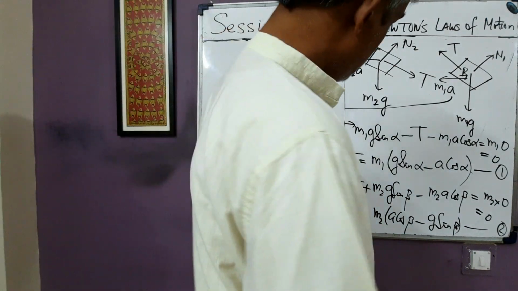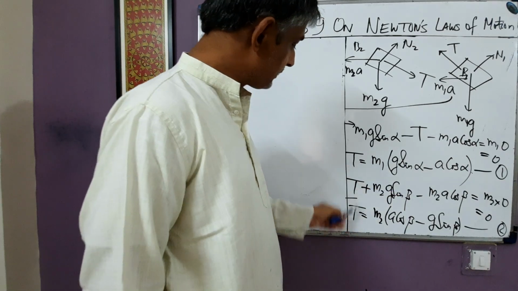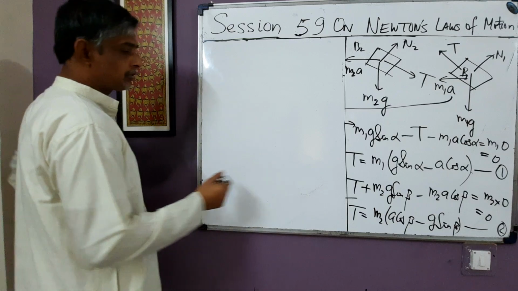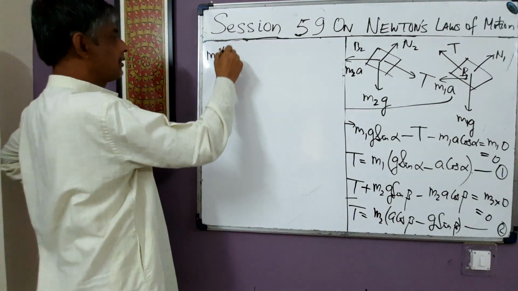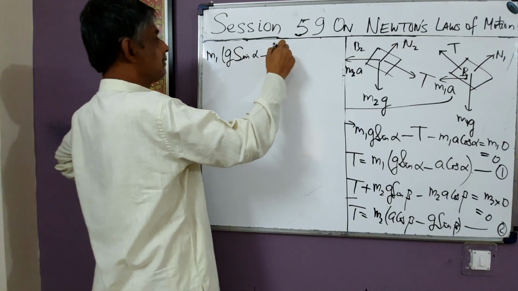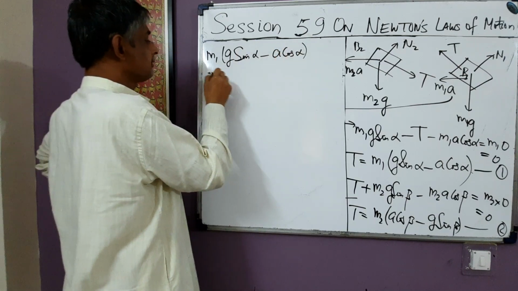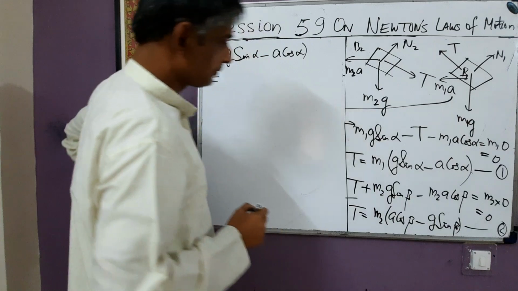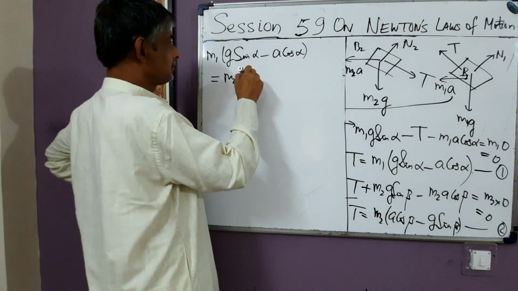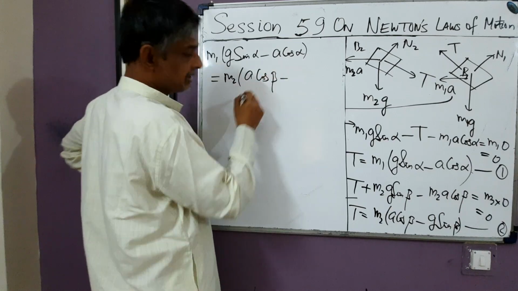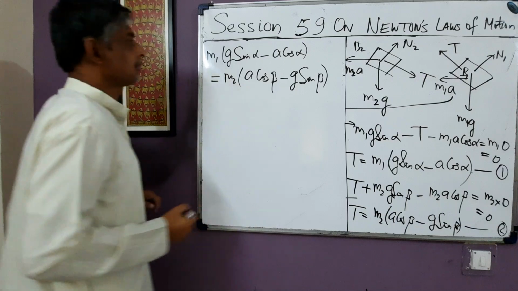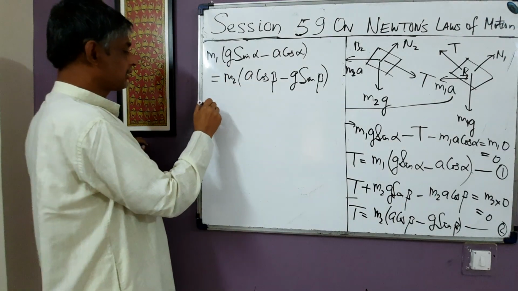So now to find A, first we equate these two T's. In the first and second equations T is the same, so these two should also be the same. From equations 1 and 2 we get M1 into g sin alpha minus A cos alpha is equal to M2 into A cos beta minus g sin beta. Alright, bring A to one side. A becomes common.